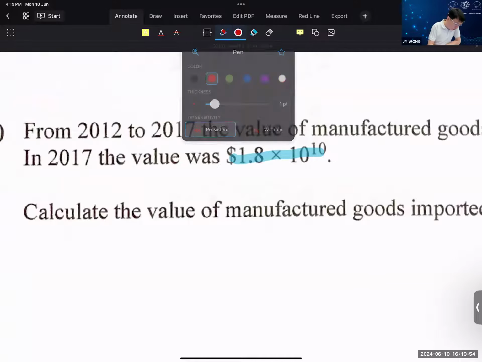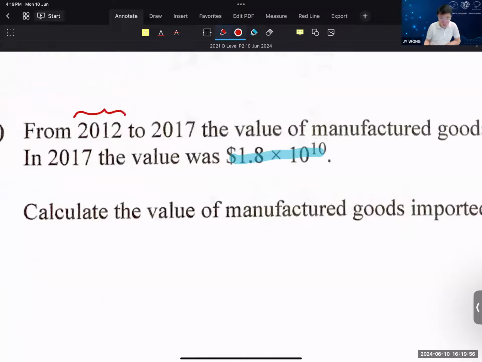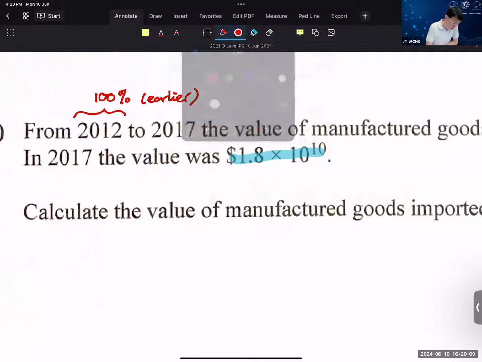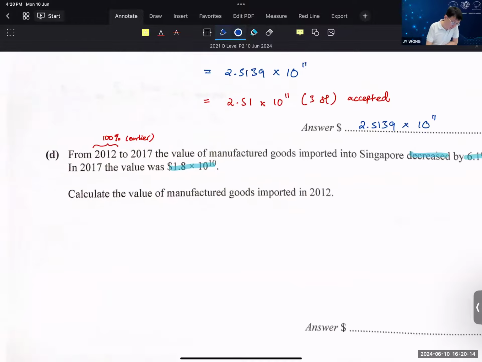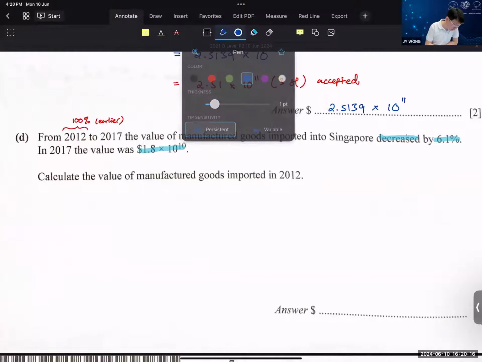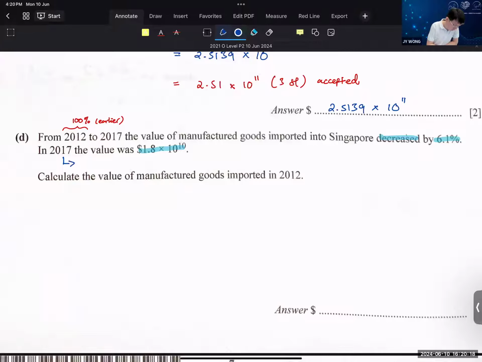In percentage comparison or percentage increase, decrease, your earlier year is always your 100%. So whatever is your initial year, which in this case is 2012, that will be your 100%, not the other way around. So when you decrease by 6.1%, it will mean that your 2017 is actually 93.9% of the original.